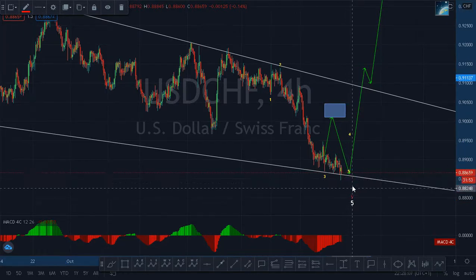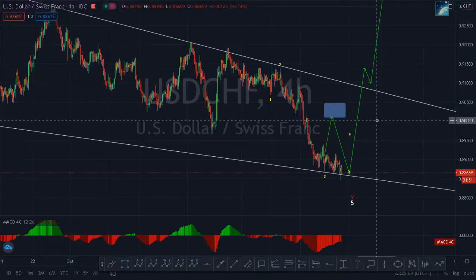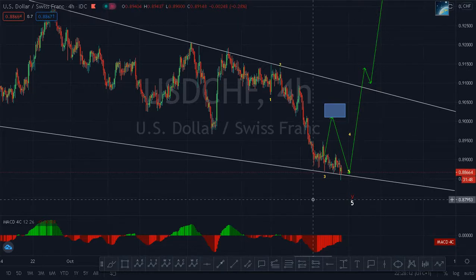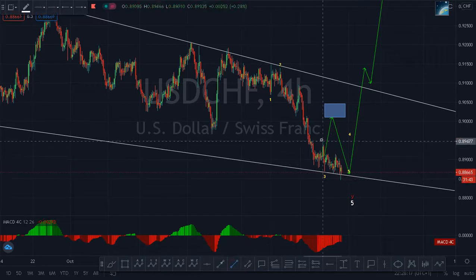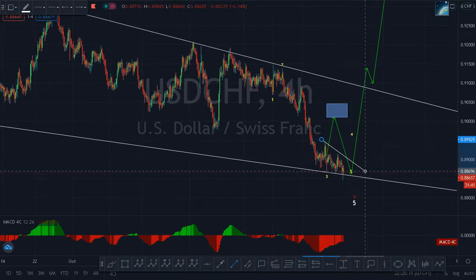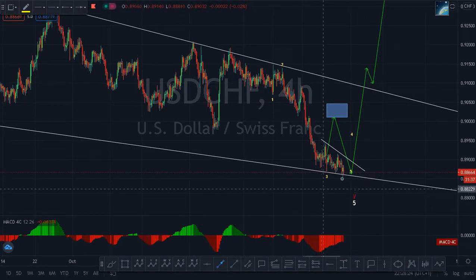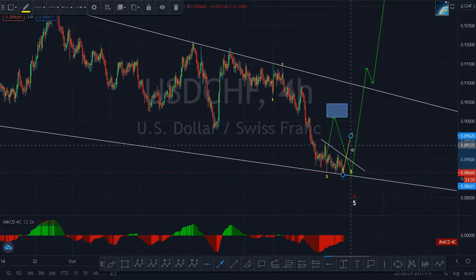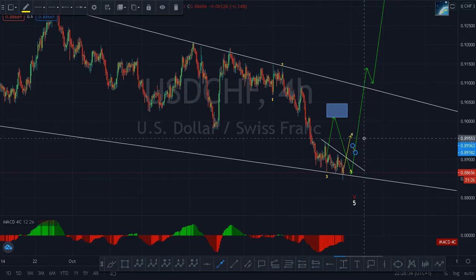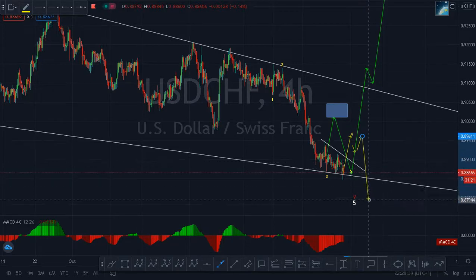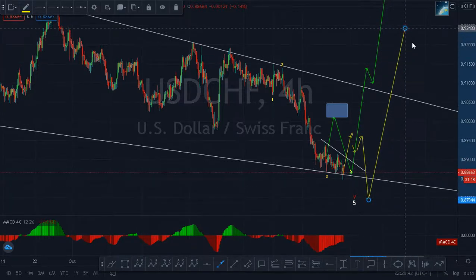So the price might still come down. Why I'm saying this: you shouldn't think that because the market has been going down for long, it will definitely go up. Of course it will go up, but wait for it to finish what it is doing. What will likely happen is that we may see a break of this very place, maybe something like this, then we see another drop before it finally goes up.